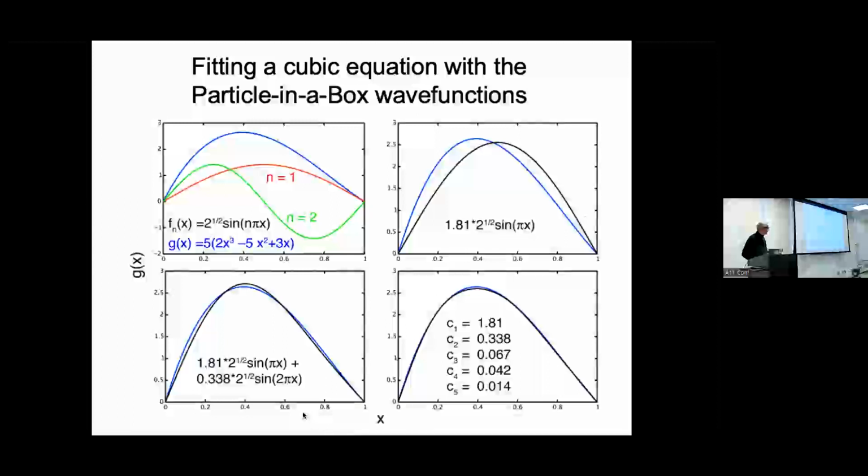And here I've taken the first two, n equals 1 and n equals 2, and I've done the mathematical analysis to find the best superposition. In that case, I have these coefficients, and you can see the approximation is pretty good. And here I've taken the first 5 sinusoids, and now I have a very good approximation. And of course, as I continue this, the approximation gets better and better.